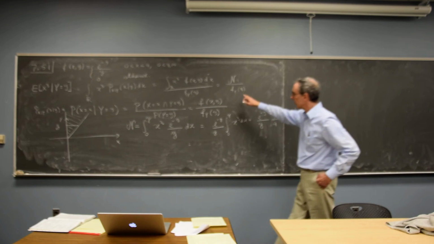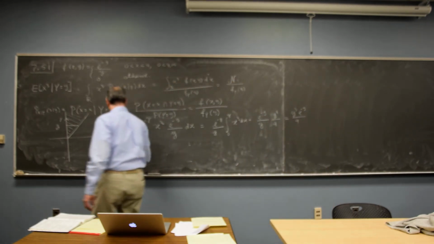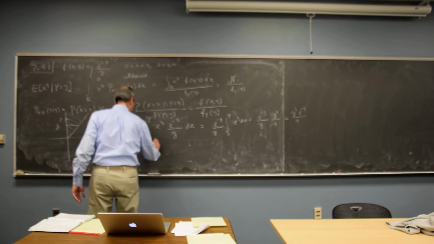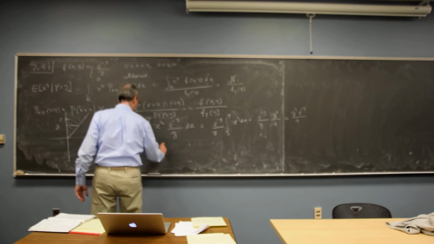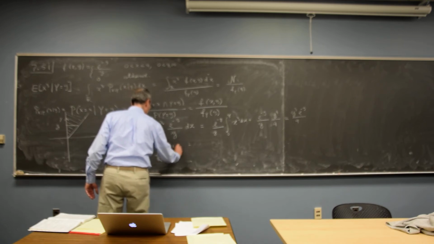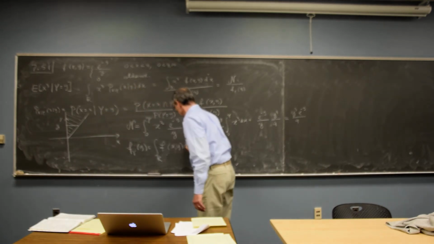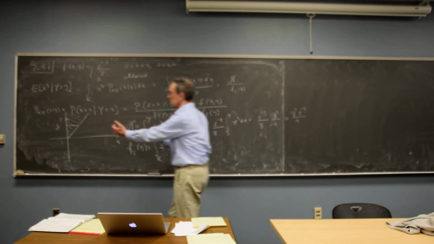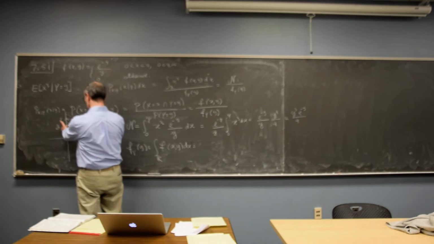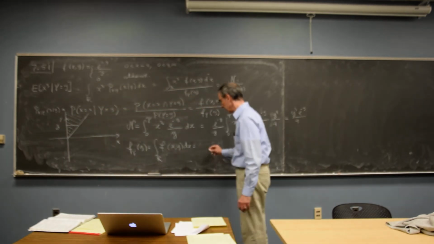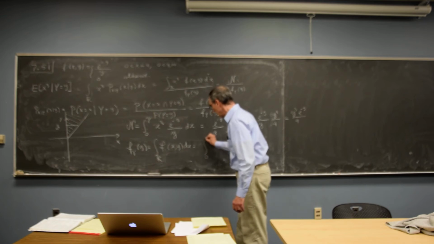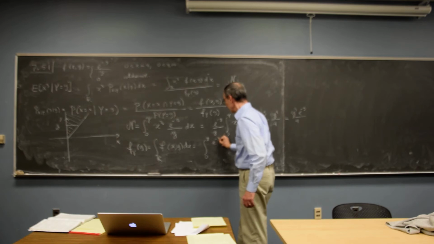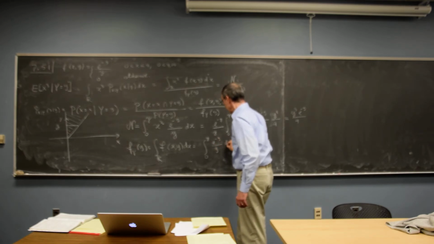The denominator is just Fy of y. In principle, it is the integral over R of f of x and y dx. In practice, f is 0 except here. So that's just the integral from 0 to y of e to the minus y divided by y dx.